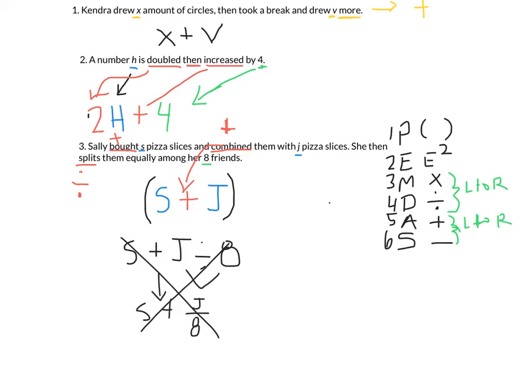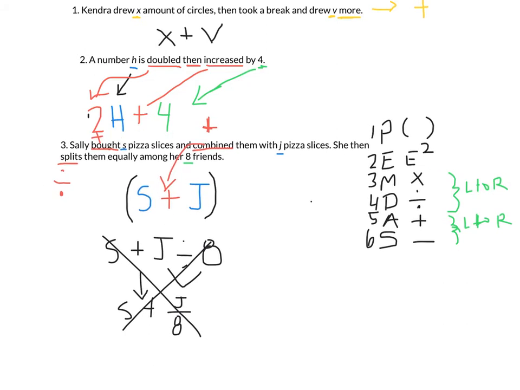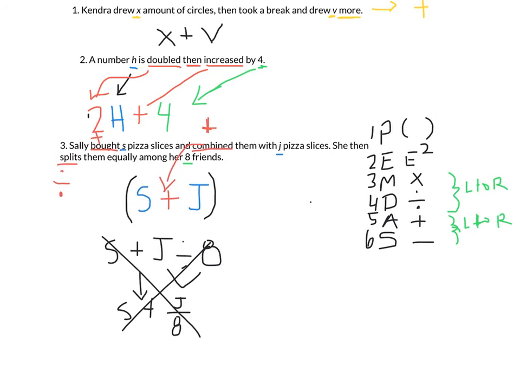We want to see, after Sally collected all these pizzas, what's happening with the pizzas? Well, they're getting split up after she's collected all the pizzas. So we have to get all the pizzas combined first and then do the splitting.